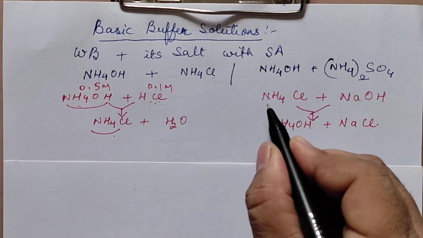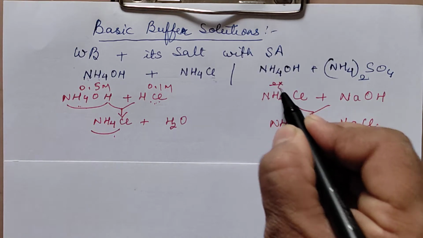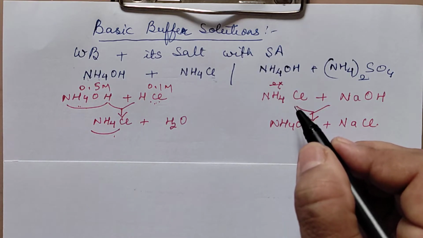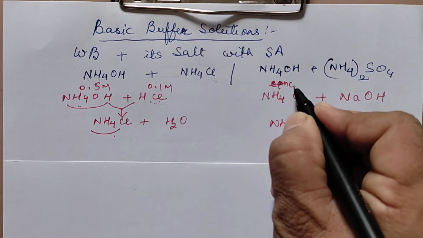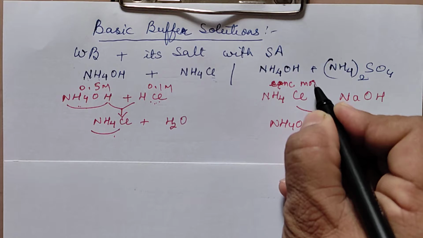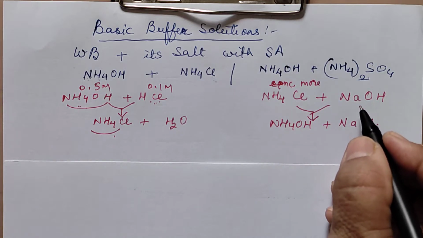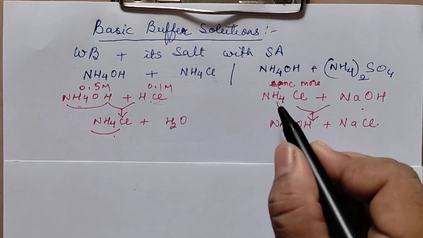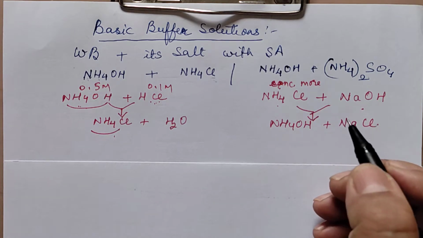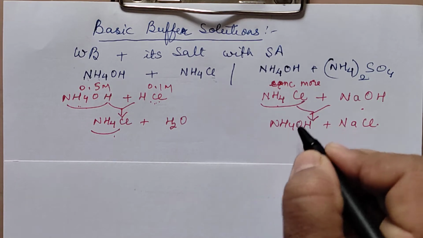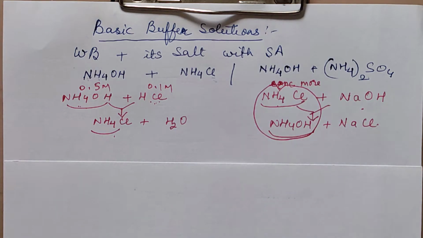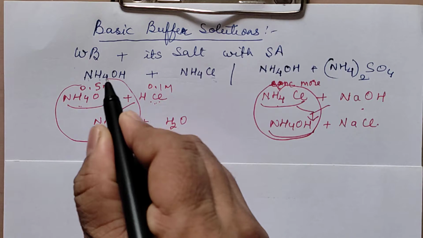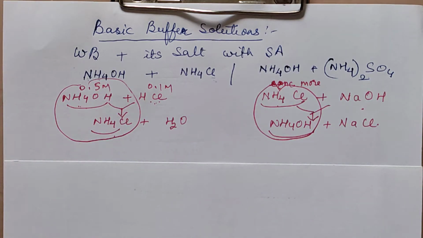If the ammonium chloride concentration is more than NaOH, then it will be left behind as the excess reagent, and NaOH will be the limiting reagent. Then ammonium chloride and ammonium hydroxide, this combination can act as a basic buffer solution like we discussed. This is exactly the same as in the acidic buffer solution.